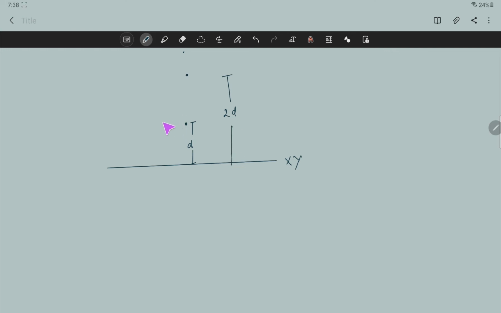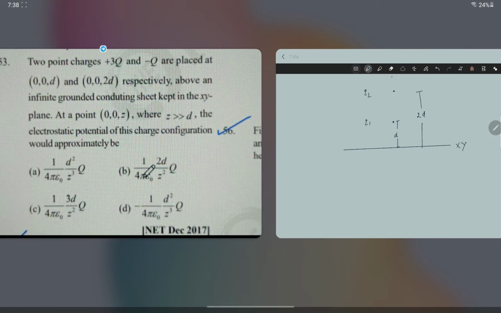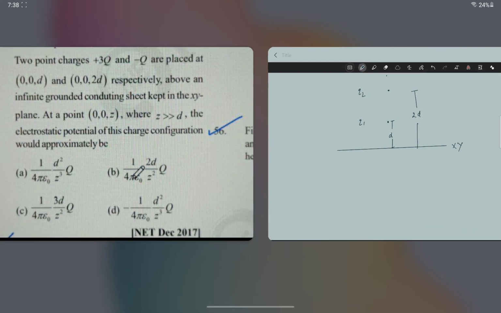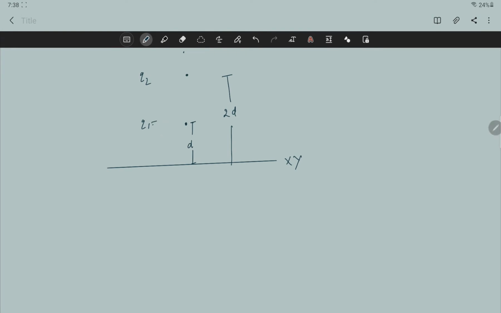So one point charge is placed here and one point charge is placed here. How much are the magnitudes? 3q is placed at d and minus q is placed at 2d. So this is 3q and this is minus q. Okay, so this is the situation.